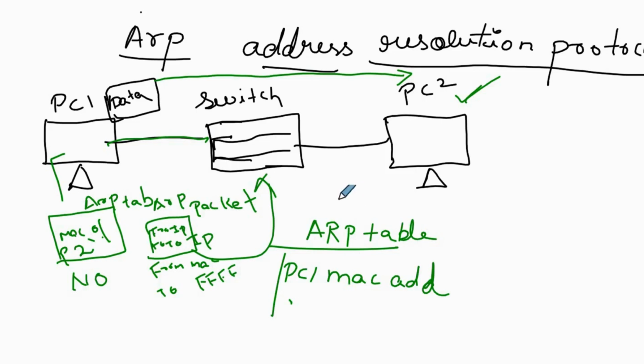But the switch doesn't know the PC2's MAC address. In the ARP packet, the switch only identifies the MAC address.